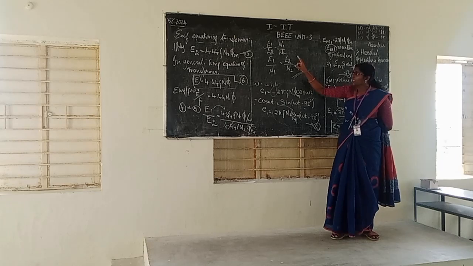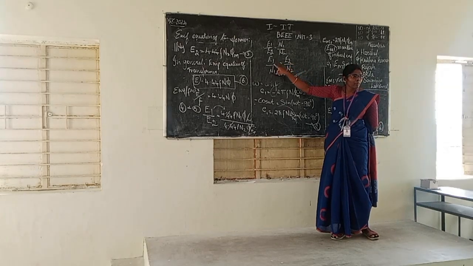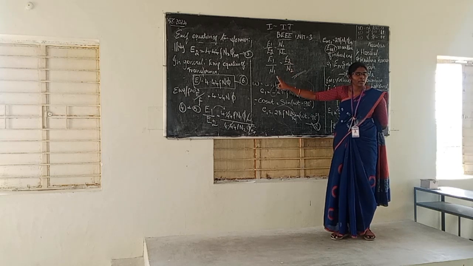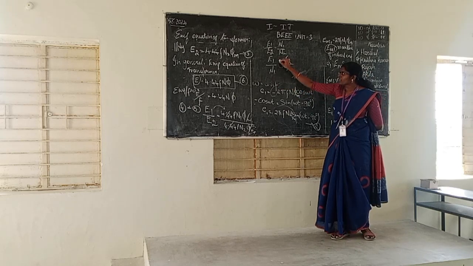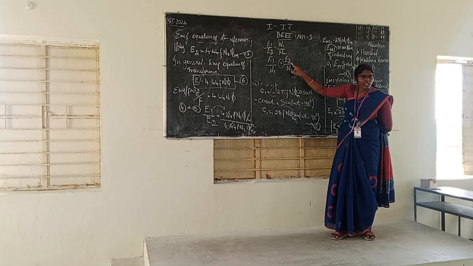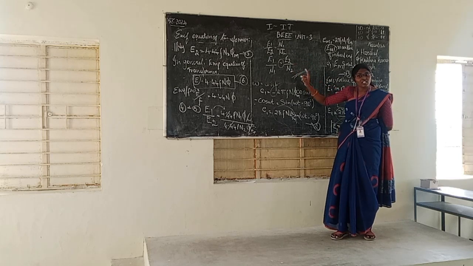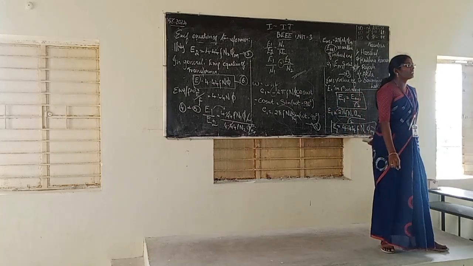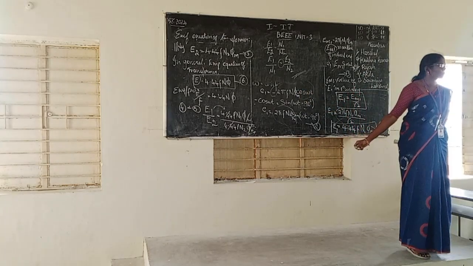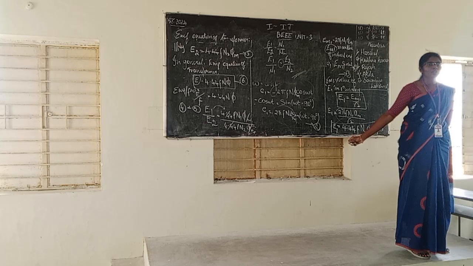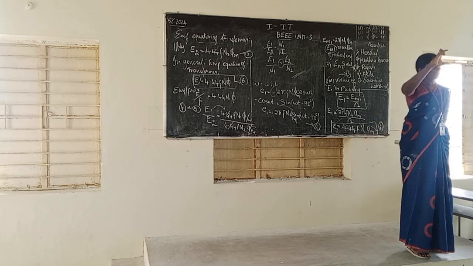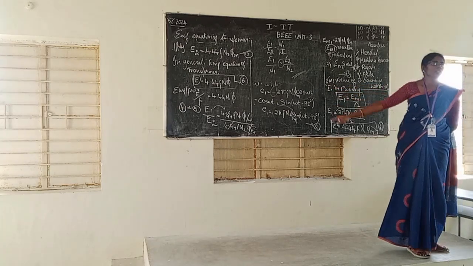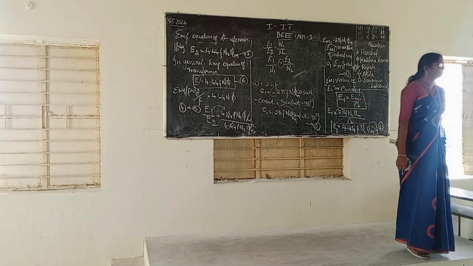The EMF induced in the primary winding per turn is equal to the EMF induced in the secondary winding per turn. That is how we get the final EMF equations of the transformer. Are you all thorough with this? From the initial line till E1 by N1 is equal to E2 by N2, you have to write it. Okay.